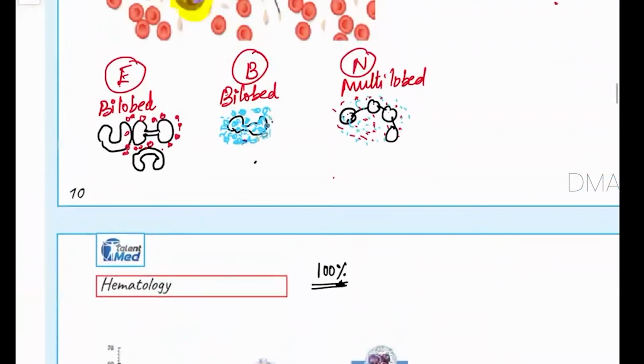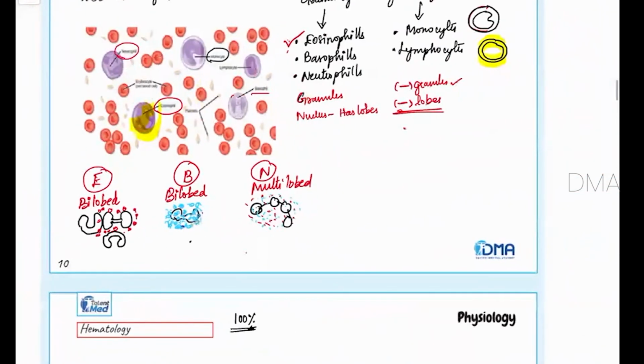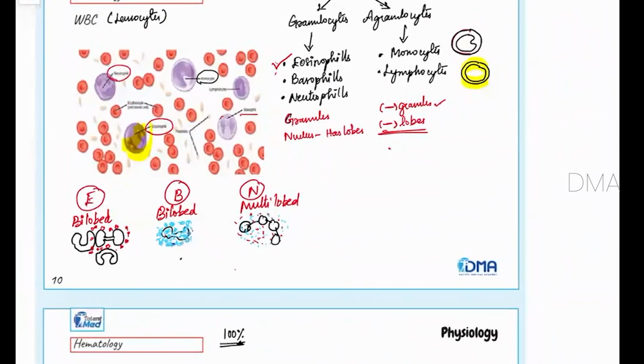Now moving on to the functions. The main function of eosinophils is during allergic conditions, and eosinophils can mainly be seen in parasitic infections.